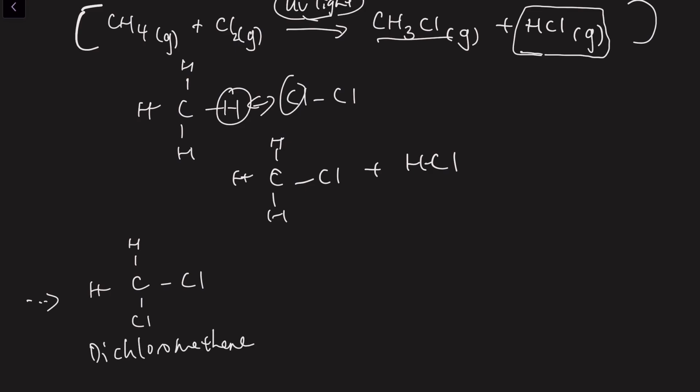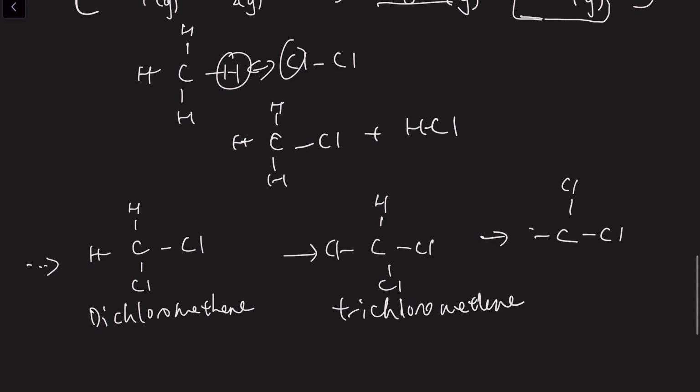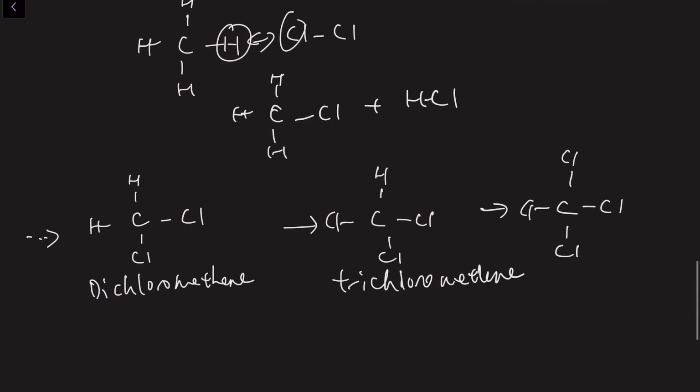And then from that, we can do the reaction again to get trichloromethane. And we can continue going until all hydrogens have been substituted by chlorine. So in the end, we get tetrachloromethane.